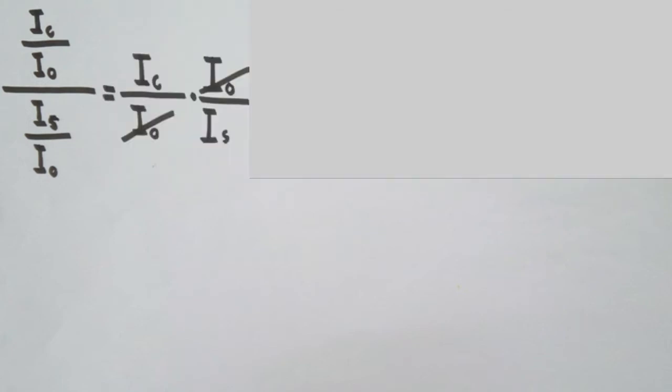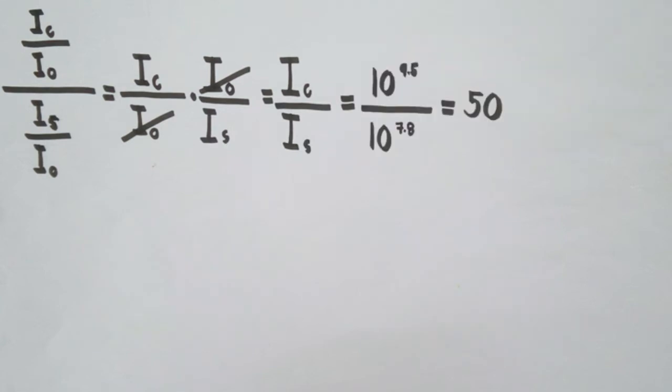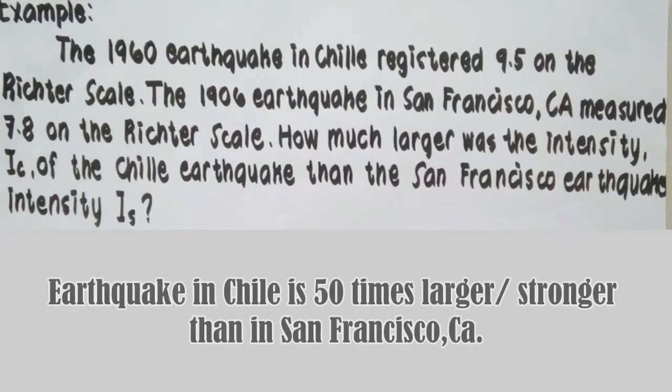Since it is a division of fractions, we multiply by the reciprocal, which cancels the I sub naught, and this equates to I sub C over I sub S. Substituting, that is 10 to the power of 9.5 over 10 to the power of 7.8, which equals about 50. So the earthquake in Chile is 50 times stronger than the earthquake in San Francisco, California. That would be all. Thank you.